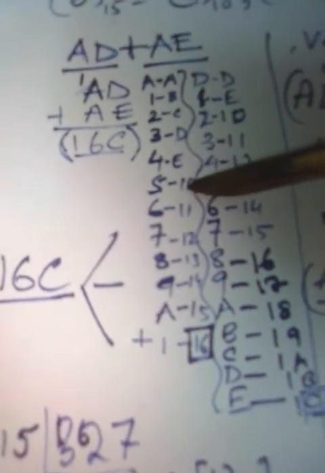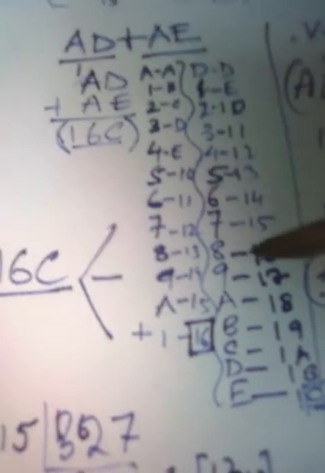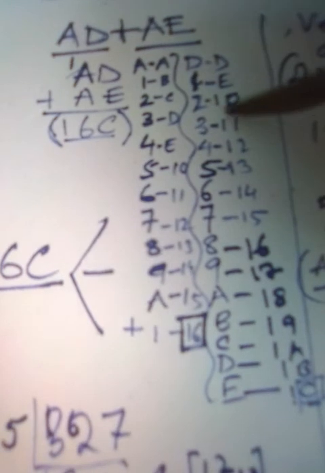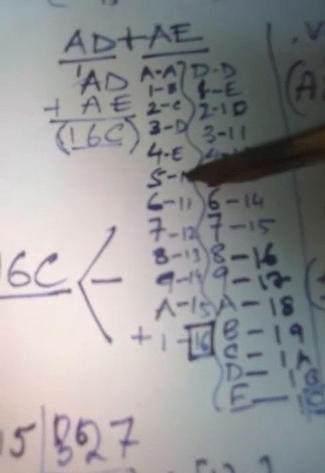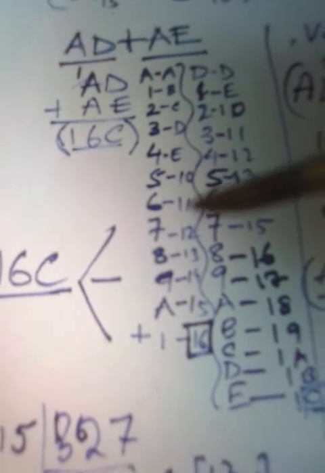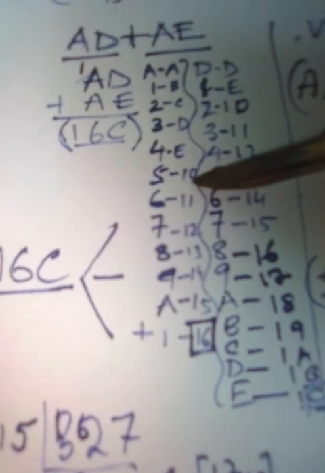So E, and then E plus 1 is 10, just like you had here, E plus 1 was 10. Then 11, then 12, I beg your pardon, I should not call this eleven and twelve, this is 1 1, then 1 2, then 1 3, then 1 4, and then 1 5.